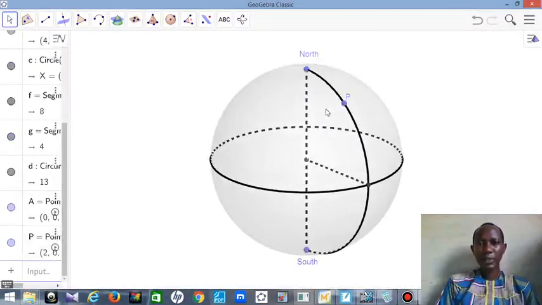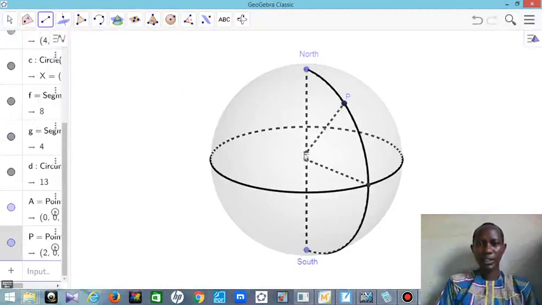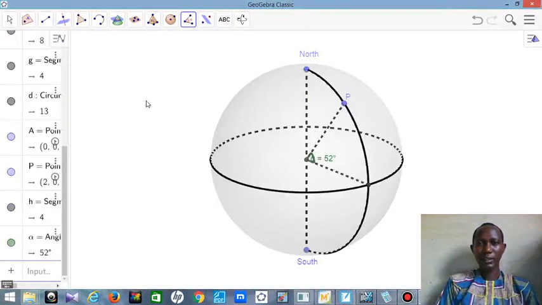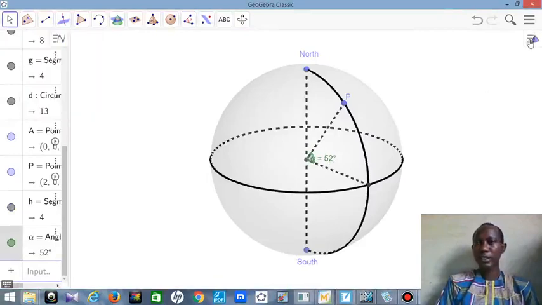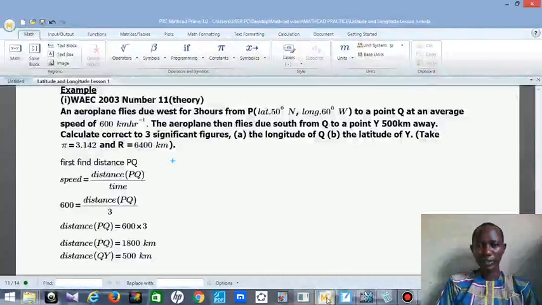Okay, from this point P, what is the latitude giving us? Let's get the center line. Let's see what the latitude is. It says 50 degrees north.